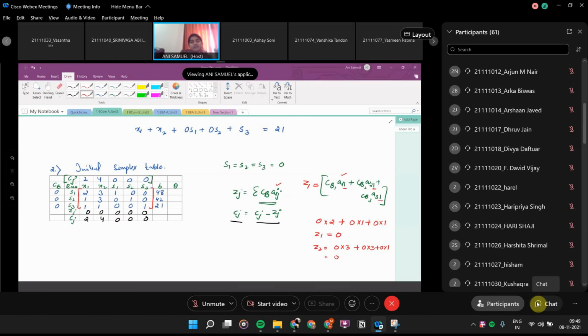Next step is we have three things again. We have key column, key row, and key element. After doing all this till what we have done, we have to find these three things. Now, how do we find that? First, we find the key column by getting the maximum from the CJ that I have written here, not the top one. Okay, this CJ will be throughout. So from this CJ, I have maximum value as 4, right?